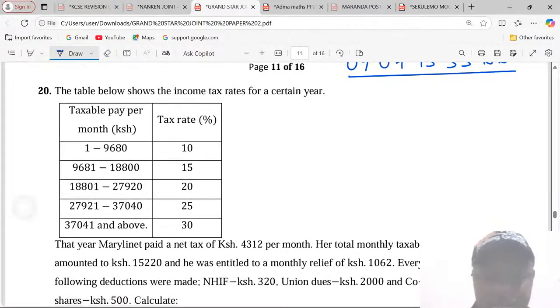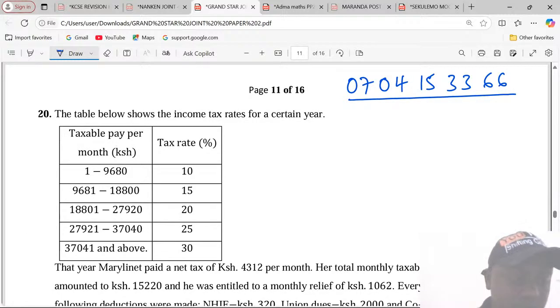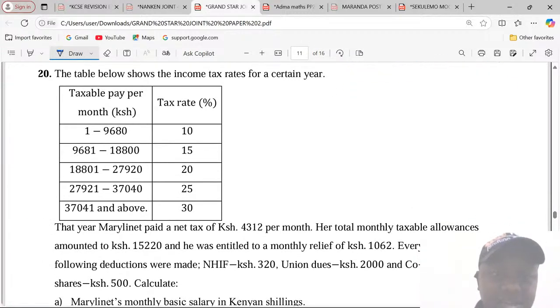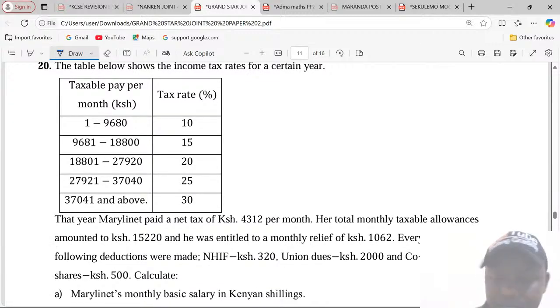Yeah, the question is here. The table below shows the income tax rates for a certain year. Taxable pay per month is given there. The tax rates in percentages are also given there.